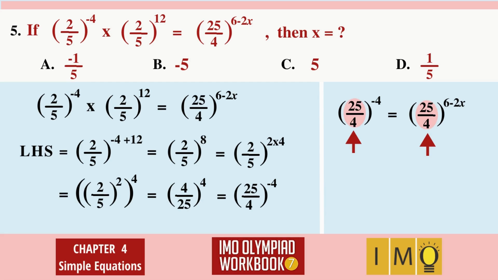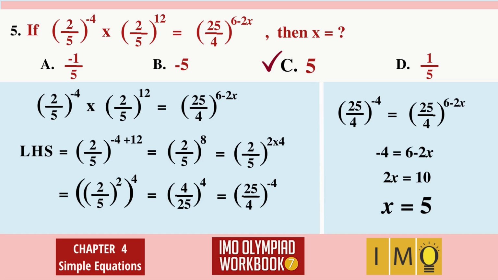Now the base in both the left side and the right side are same. So the exponents have to be equal. So minus 4 is equal to 6 minus 2x. That gives us 2x is equal to 10 and x is equal to 5. So our right option is option C.